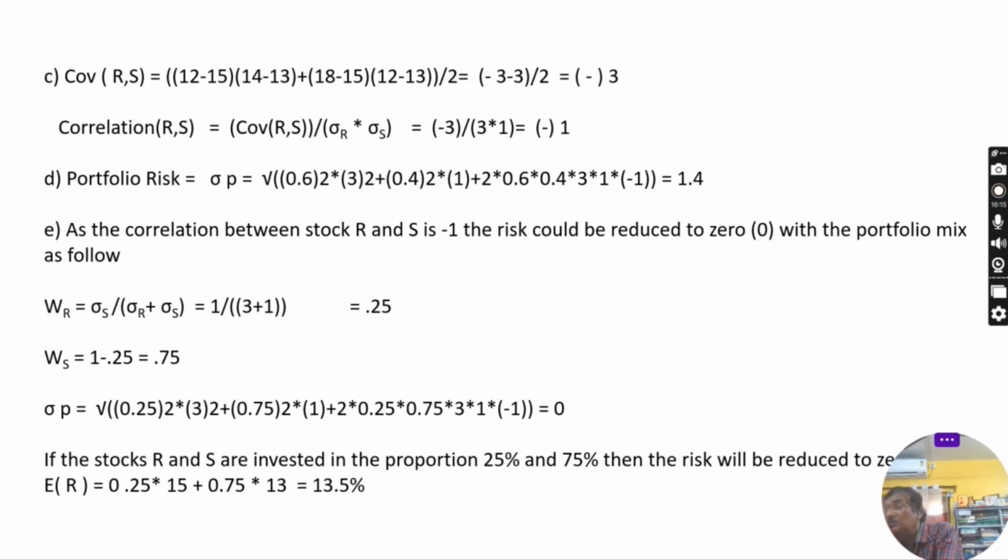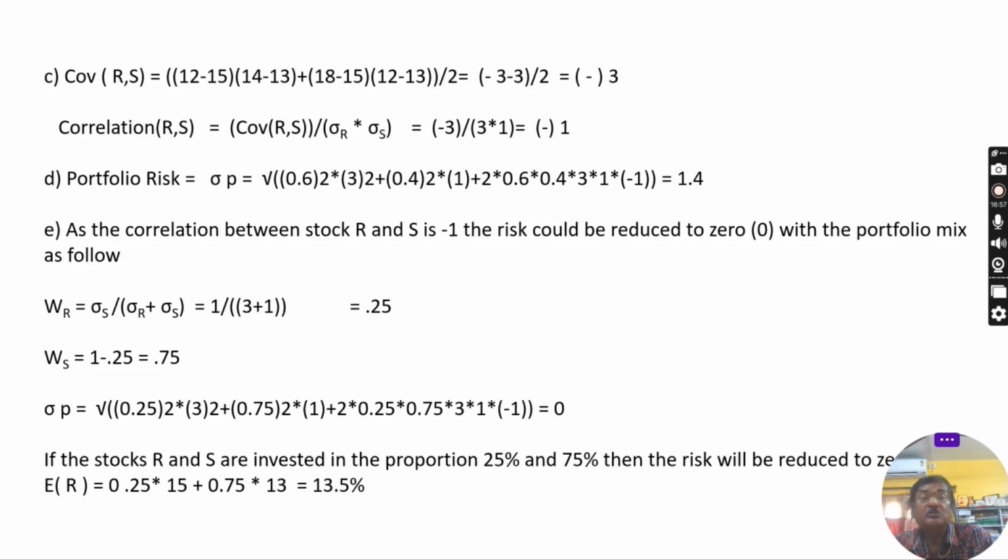In my next video I will discuss the different situations of the value of the correlation coefficient, and how we find out the risk in those cases. When the correlation value is +1, or when the correlation coefficient between the two stocks' returns is 0 or +1, then how we find out the risk quickly.